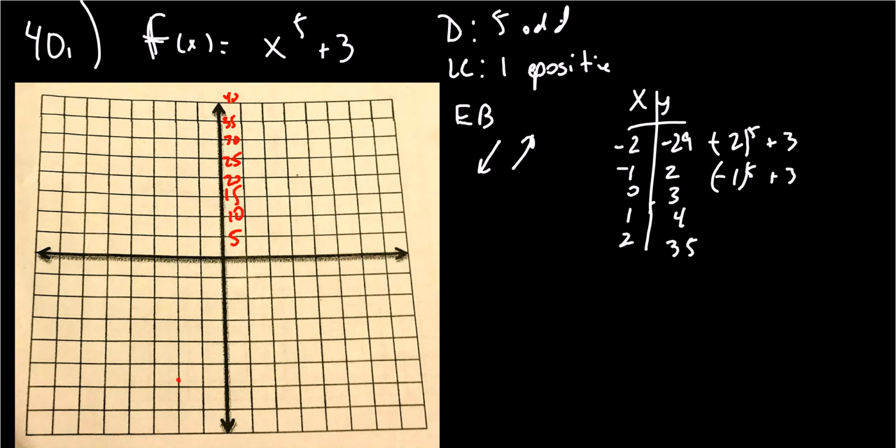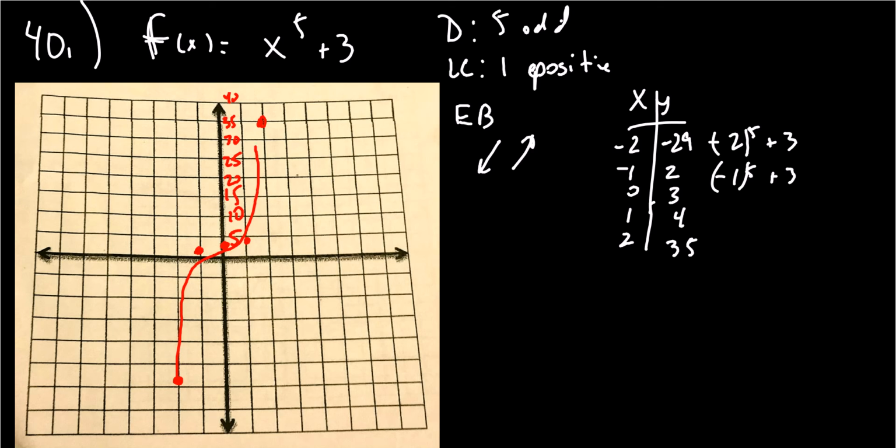So there's negative 29, really close to negative 30. I'm going to go negative 1, 2. So negative 1, positive 2. So it's a little bit less than halfway. 0, 3, a little bit more than halfway. 1, 4, almost to 5. And then 2, 35. I'm going to connect the dots.